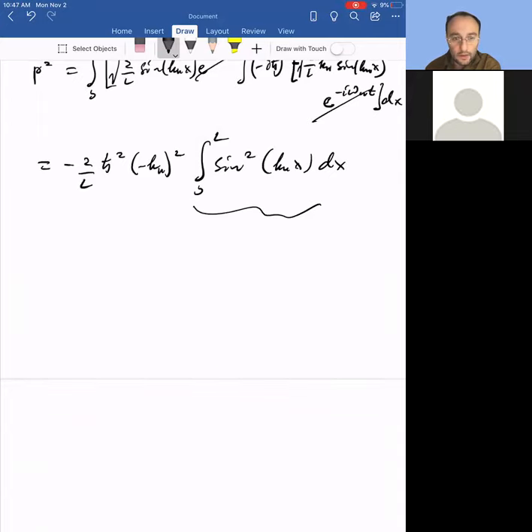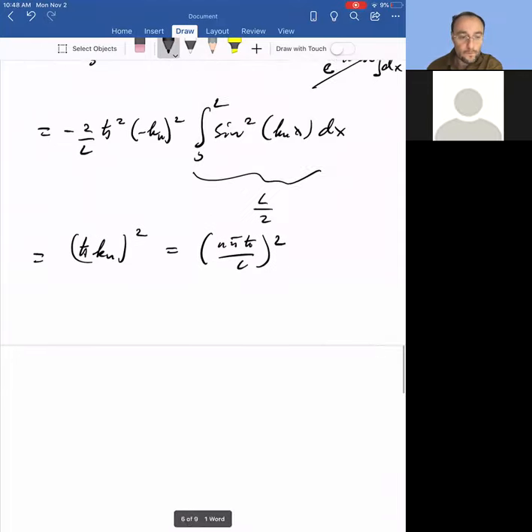This is always L over 2. So I get h bar k_n squared, which, if you put in the k_n, is n pi h bar over L squared.